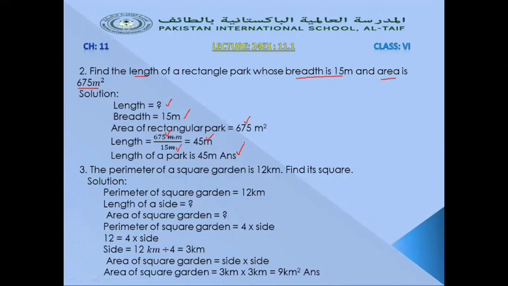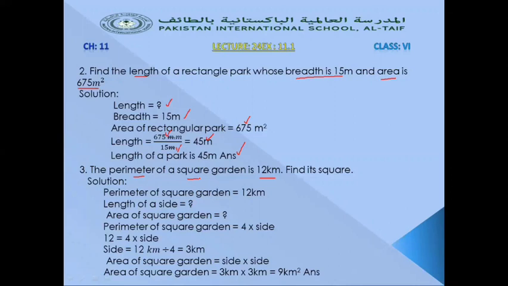Dear students, in the second one, that is part number 3, a word problem. Here we are given in the statement the perimeter of a square. Perimeter is equal to 12 kilometer, and the figure which we are discussing is the square.